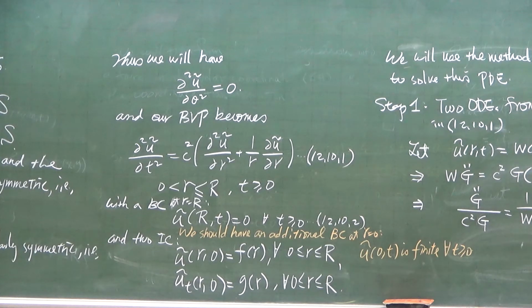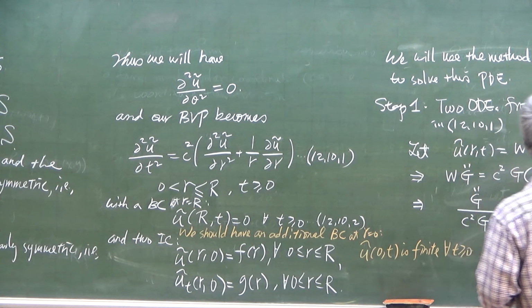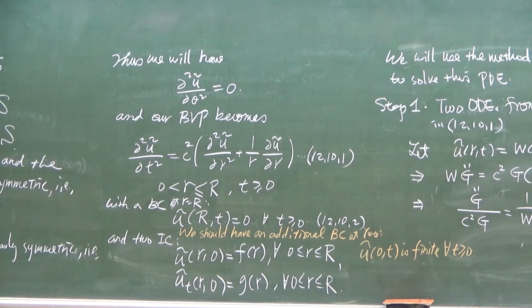So we said this is minus mu, and that is a constant. I just put the minus for convenience. So it's a constant. And so we have two ODEs.